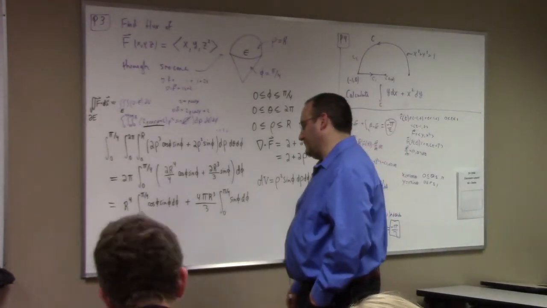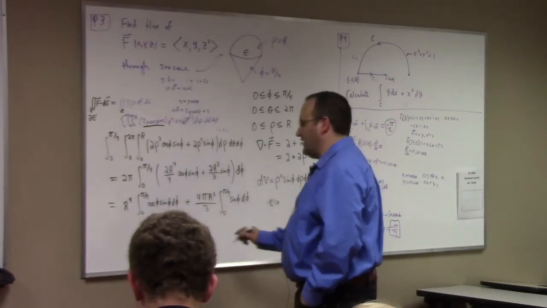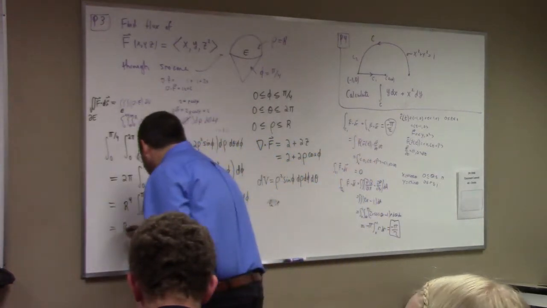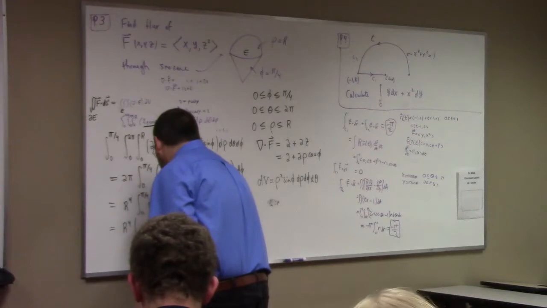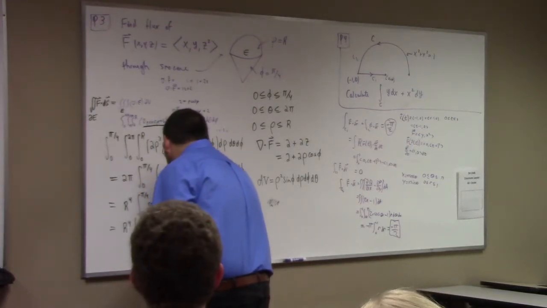Let's see here. If we let u equal sine phi, well, anyway, this is sine squared phi over 2, evaluated from 0 to pi over 4, am I right?